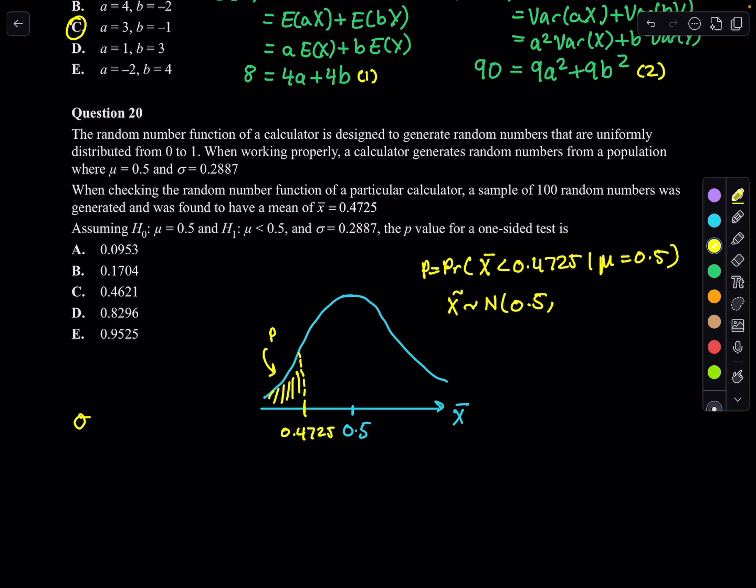Remember, the standard deviation of your sample mean is your original standard deviation over the square root of n, your sample size, which in this case was 100. So it's the square root of 100, which is 10. Let's put this in our calculator.